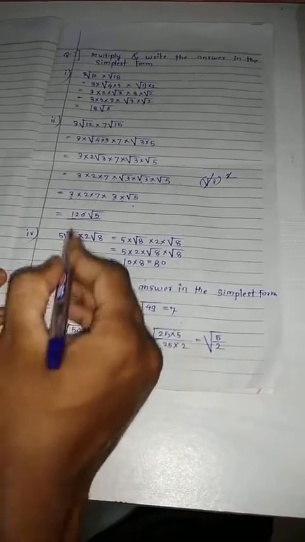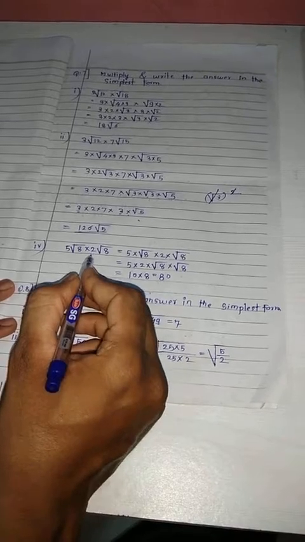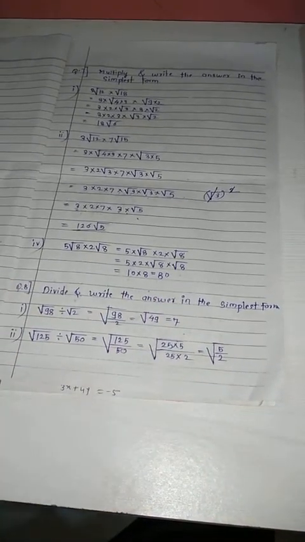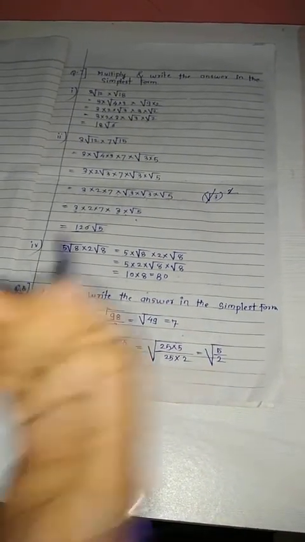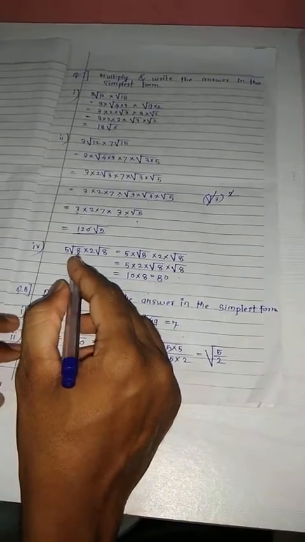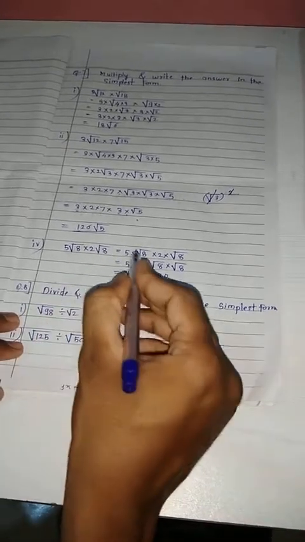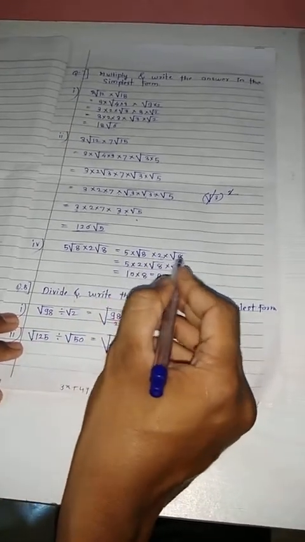Fourth example, 5 root 8 into 2 root 8. Okay, students, so here it is already given that these are root 8, so we can't find the factors because both are root 8s. So 5 into root 8 into 2 into root 8.